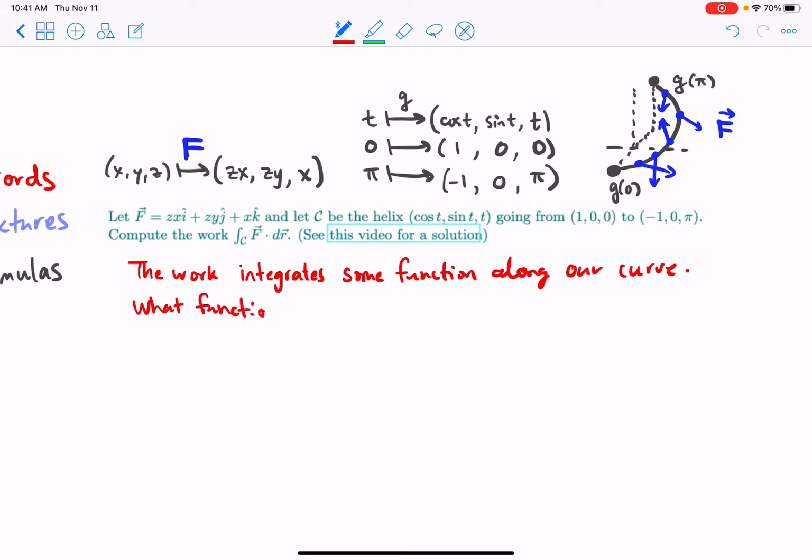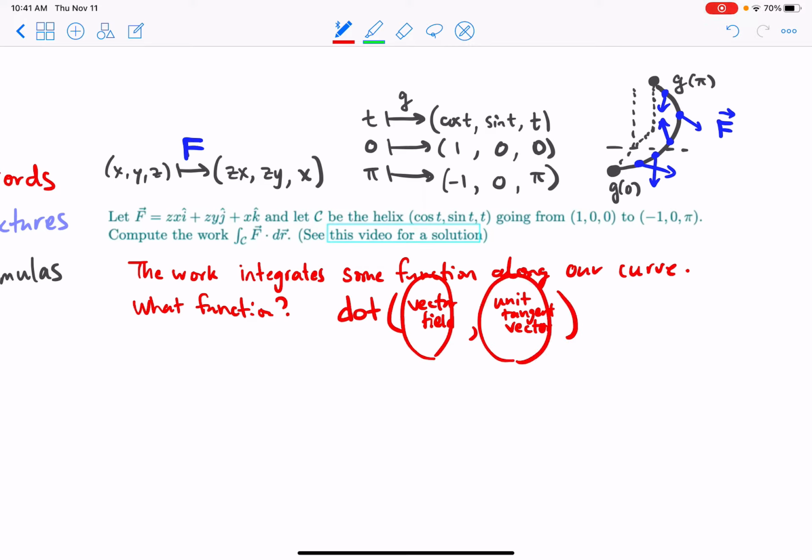What function? Well, it'll be the dot product of the vector field with the direction of the curve. Along our curve, that will be the unit tangent vector. And this dot product says how much these two vectors are pointing in the same direction or opposite directions.